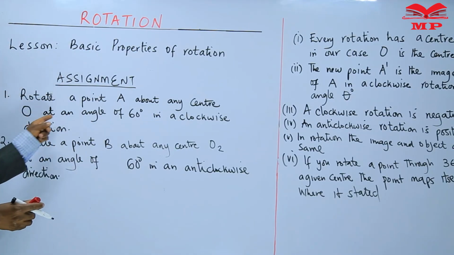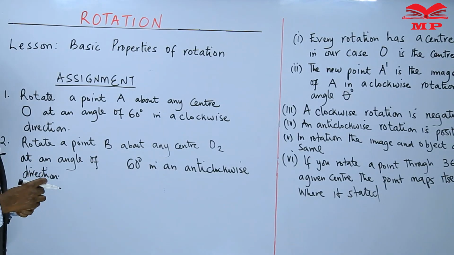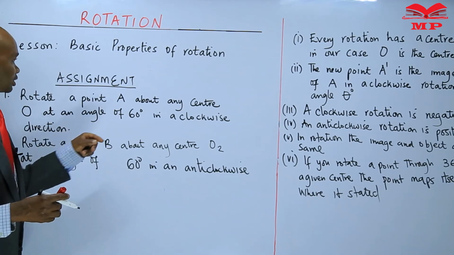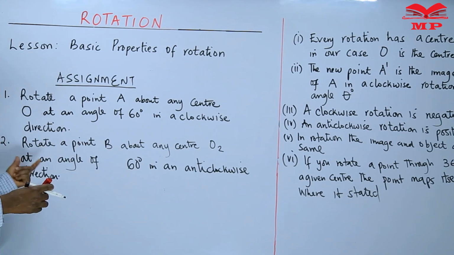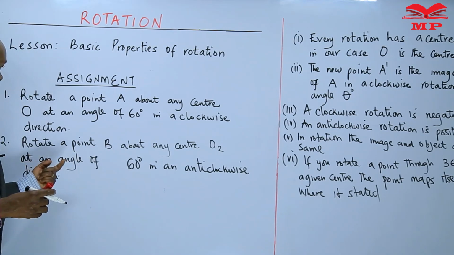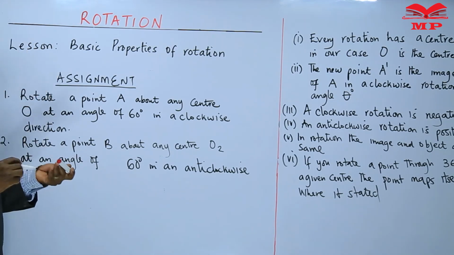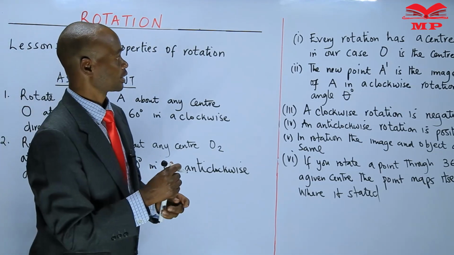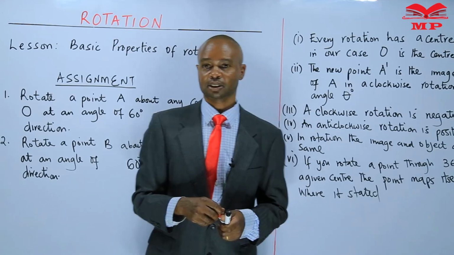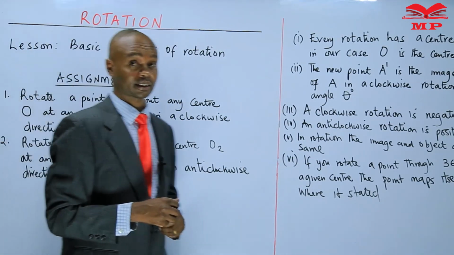Rotate a point A about any center O1 through an angle of 60 degrees in a clockwise direction, and rotate point B about any center O2 through an angle of 60 degrees in an anti-clockwise direction. I hope as we begin rotation, you'll do the two before we meet in the next lesson.